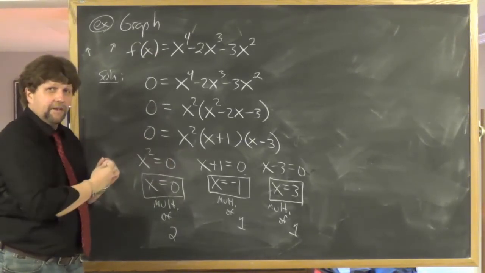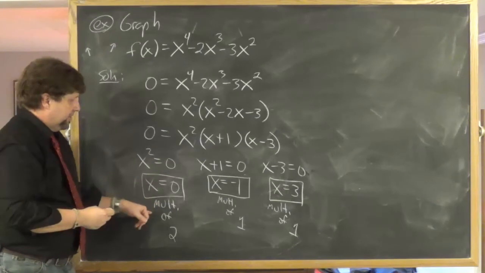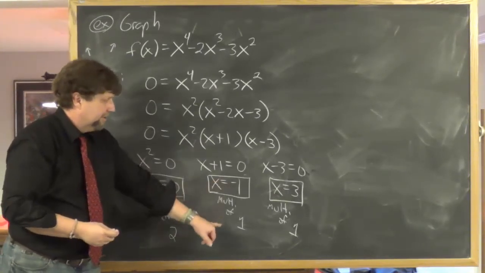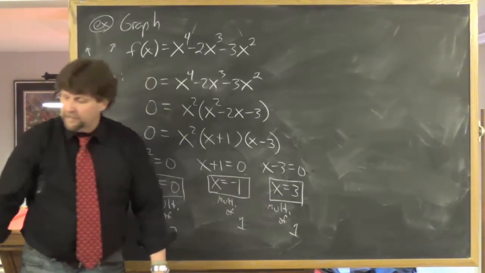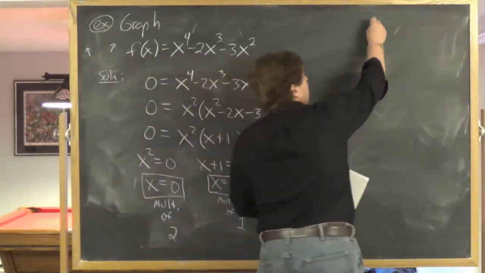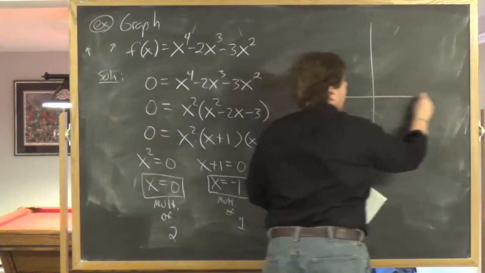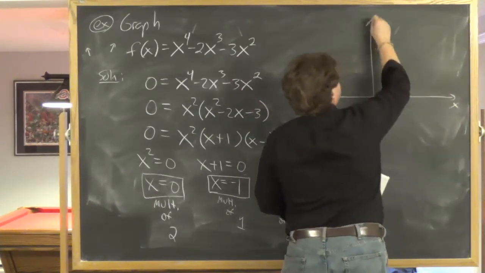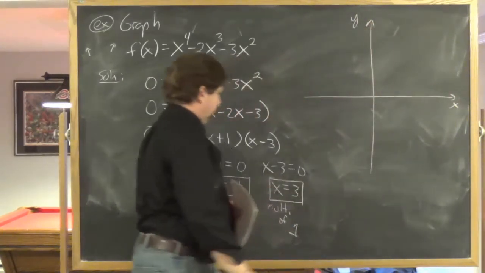That's 2 times it occurs. So 0 is a multiplicity of 2, negative 1 is a multiplicity of 1, and 3 is a multiplicity of 1. I'm going to use that information to construct a very rough sketch of this graph.